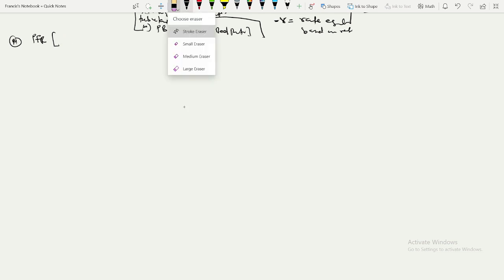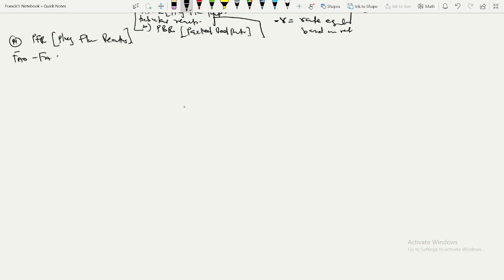So for the plug flow reactors, with the same approach, we have to go back to our mole balance equation. So FA naught minus FA plus the integral from 0 to V of RA dV should be equal to the rate of accumulation.